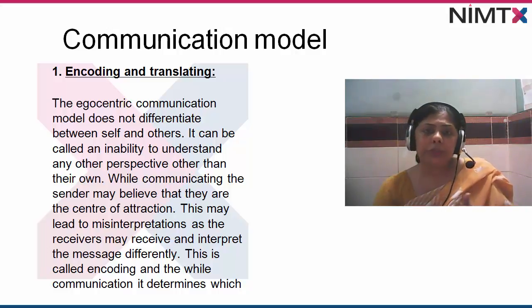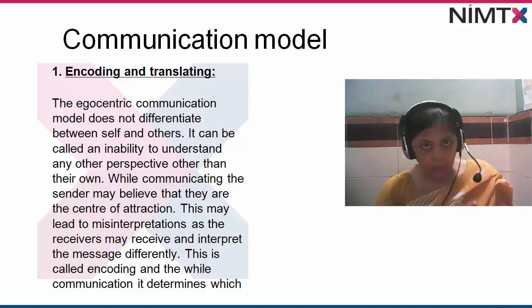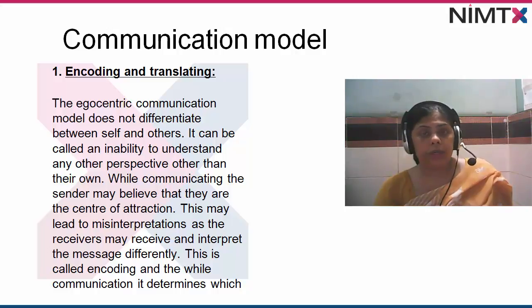So, what is egocentric communication? In this kind of communication, the sender of the message thinks that they are the center of attraction. They are speaking, so they are the center of attraction. Obviously, if you are speaking, you are, in a sense, center of attraction, because people are listening to you. However, you should be aware what the receiver has come to hear for.